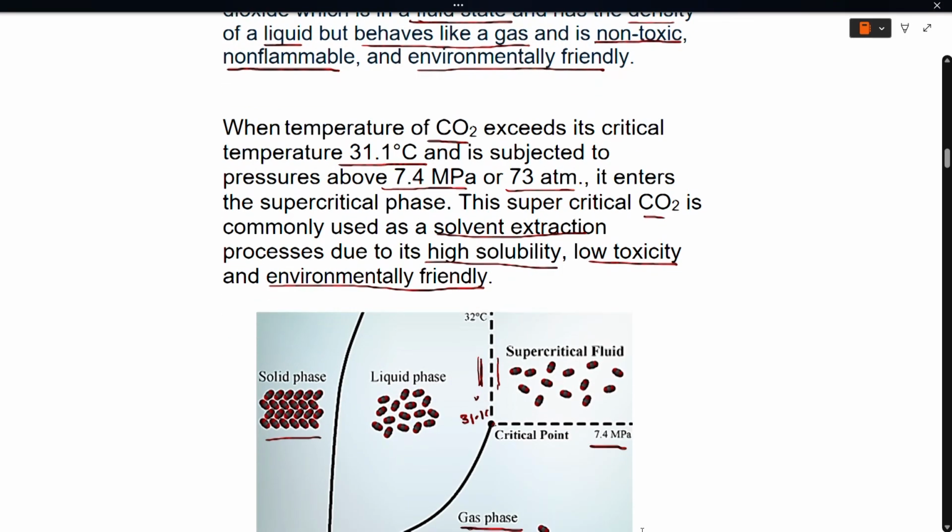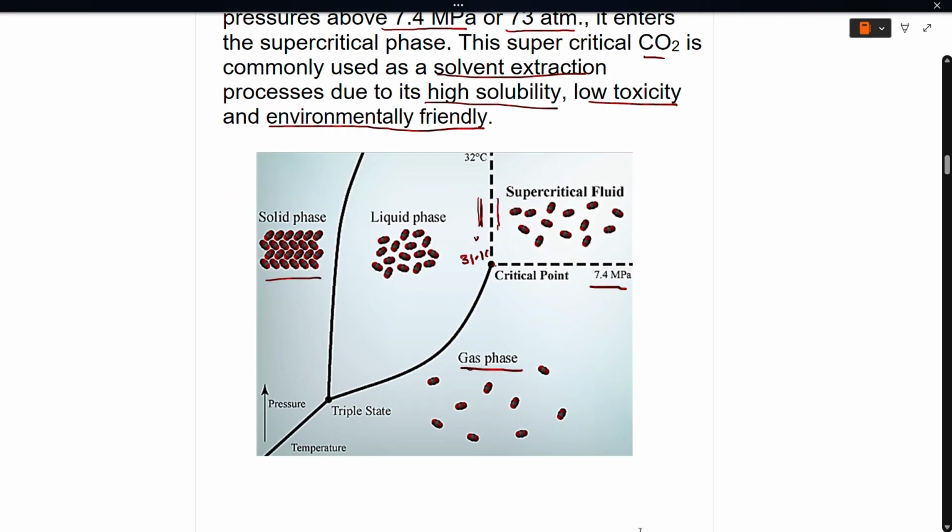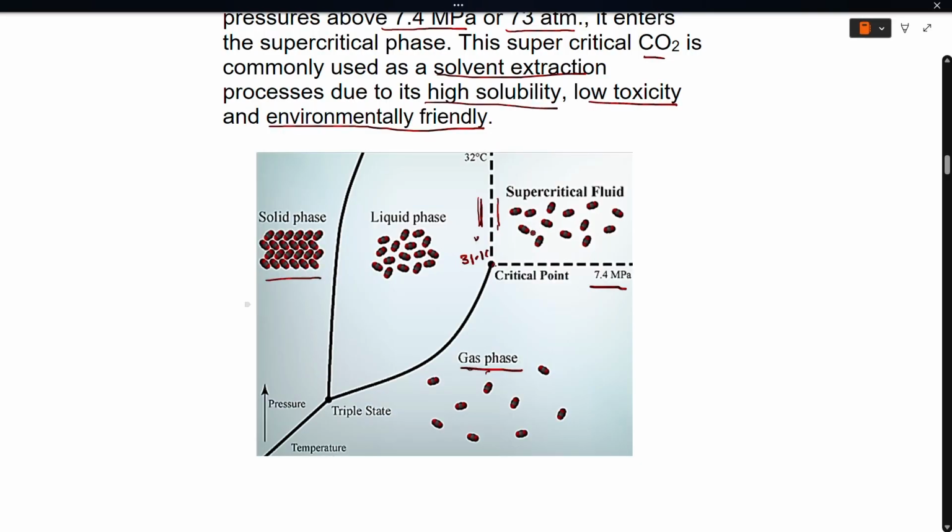Okay. And here I have shown the molecular arrangement. In the solid state of carbon dioxide, it is closely packed. In the liquid state, the molecules are a bit far apart. In the gaseous state, they are very far apart. But when we come to the supercritical state, you can see that it is something between the liquid and the gaseous state. It is not as close as in a liquid, but it is not as far as in a gaseous state.